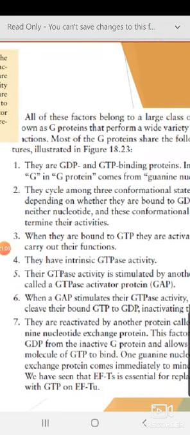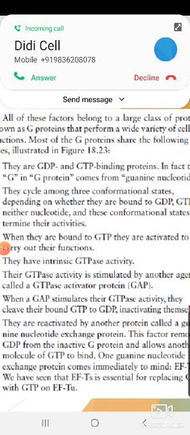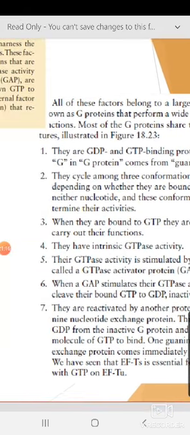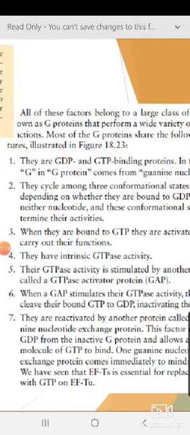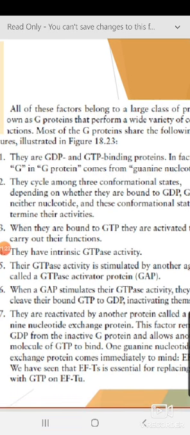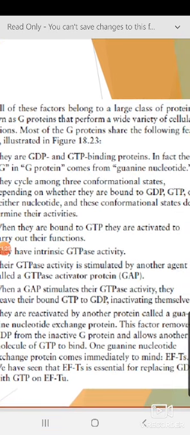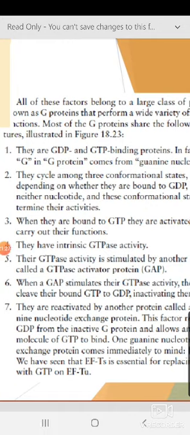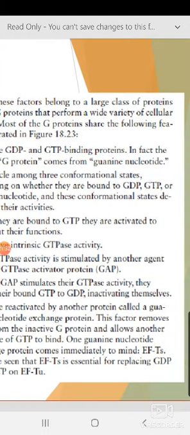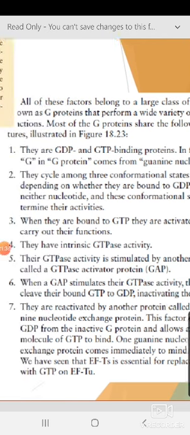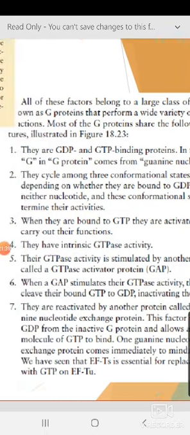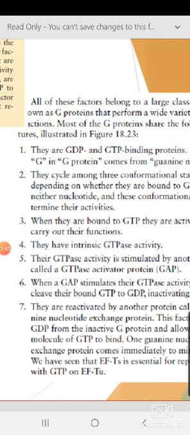When they are bound to GTP, they are active. Their intrinsic GTPase activity is stimulated by another agent called the GTPase activator, GAP. When GAP stimulates their GTPase activity, they cleave their bound GTP to GDP, inactivating themselves. They are reactivated by another protein called a guanine nucleotide exchange protein.